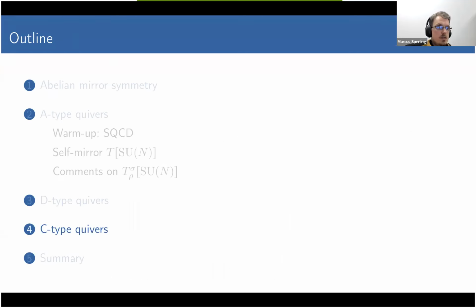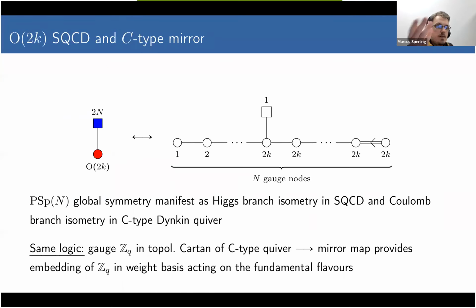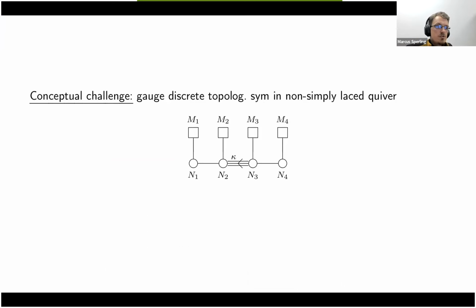Something more daunting is a C-type Quiver or non-simply-laced Quiver, which, if you restrict to SQCD, is pictorially the same thing. But now you have this non-simply-laced edge that you need to take into account. So there's a slight thing that you need to work out, because previously, in terms of thinking about the index or the Hilbert series, you take a U(k) node and you want to gauge the topological symmetry associated there.